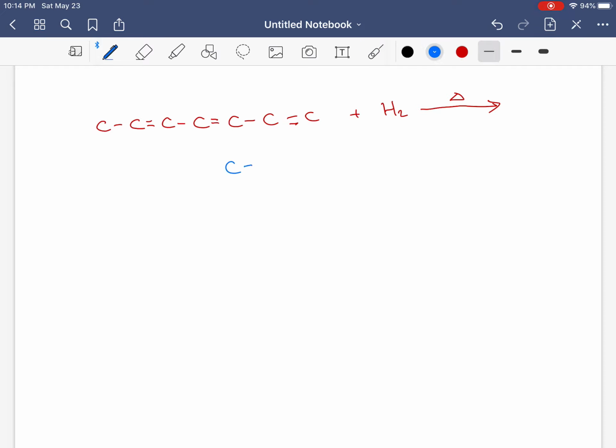So the first one, let's have this one broken. If this one was broken, no problem. That's what you're going to get. Okay, so what if this one is broken? Again, not a problem.